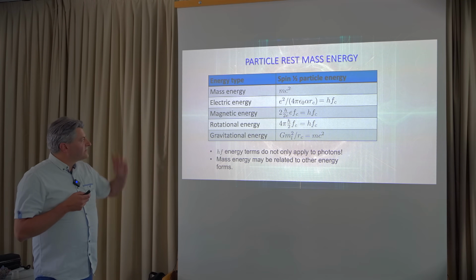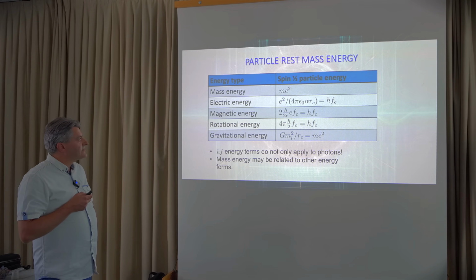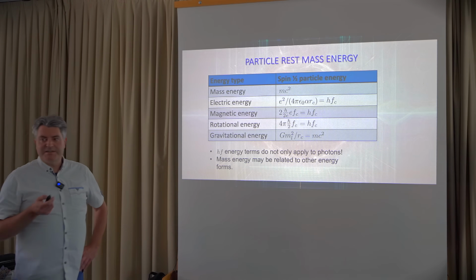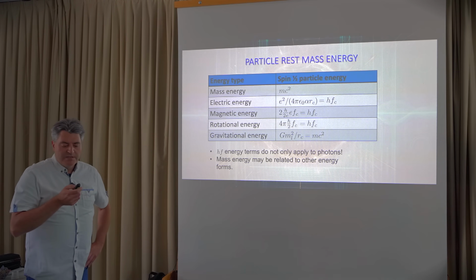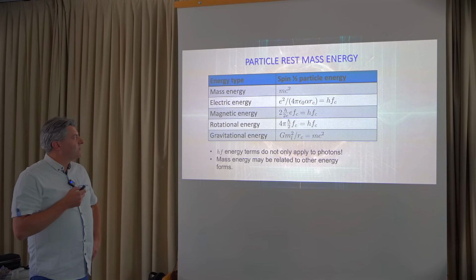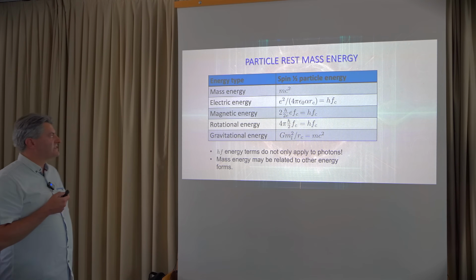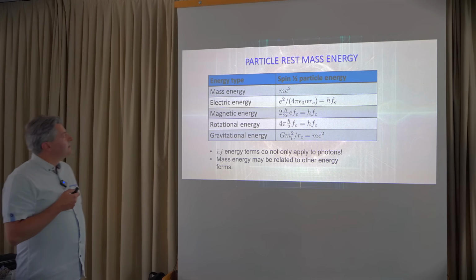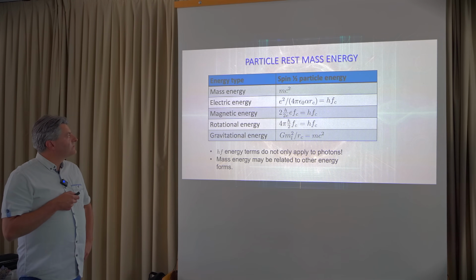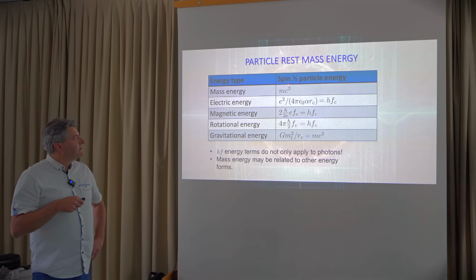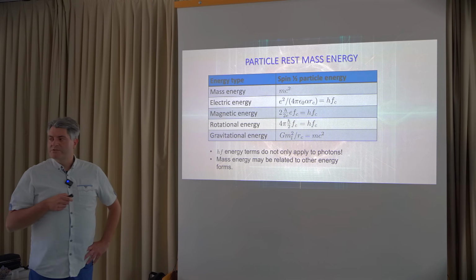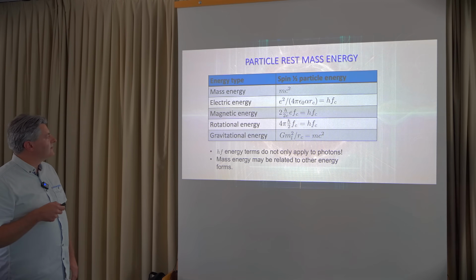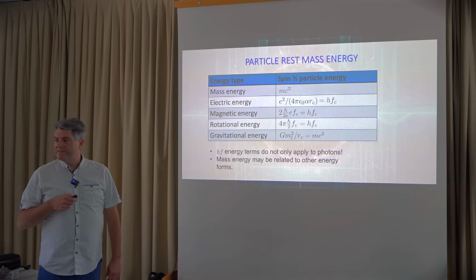The next interesting set of coincidences with the simple particle model and all of the properties related to the Compton wavelength is that it's also possible to describe the rest mass energy, usually denoted by mc squared, with a lot of other equations that you probably have never seen.